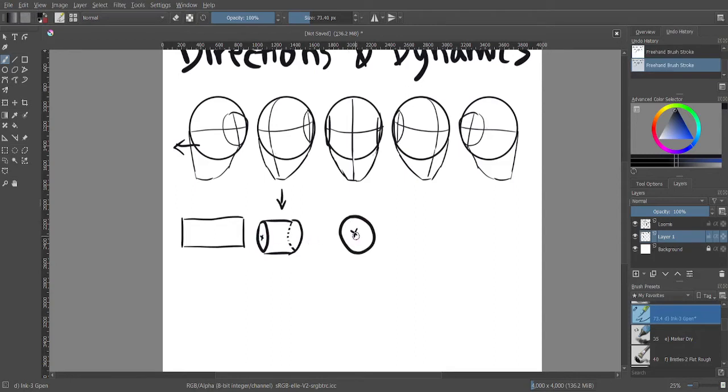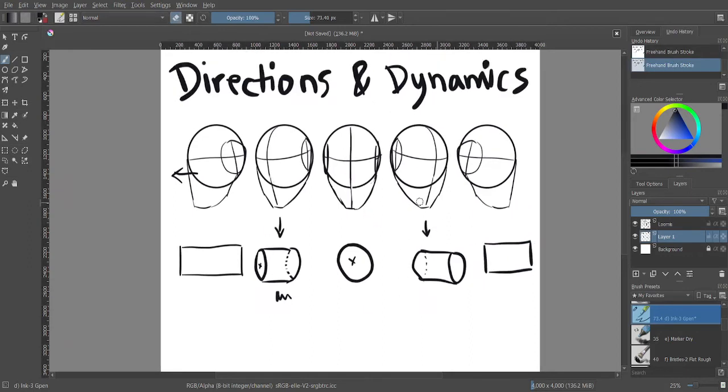We're looking directly at the surface, and the whole body is being covered. Then as we turn it to look this way, same as this one right here, same as that. Look like that, and then back again to being a rectangle. So this is what I mean by directions.